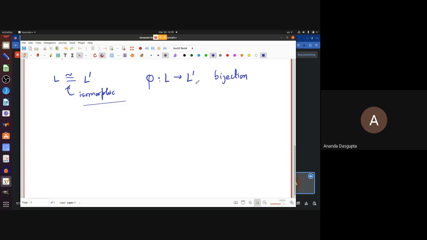When you talk about a linear vector space isomorphism, you're really talking about a 1-to-1 onto map, that is a bijection, which preserves the basic structure which is there in a linear vector space. What is the basic structure in a linear vector space? That's linear combination. So linearly combine first, then apply the map, or first apply the map to individual elements, then linearly combine by the same factors, you get the same result.